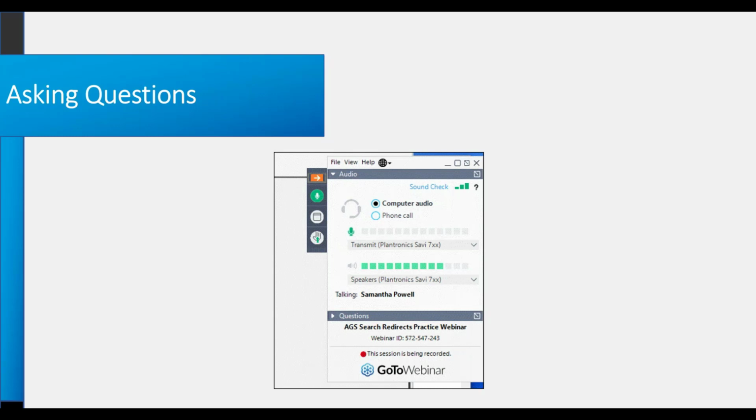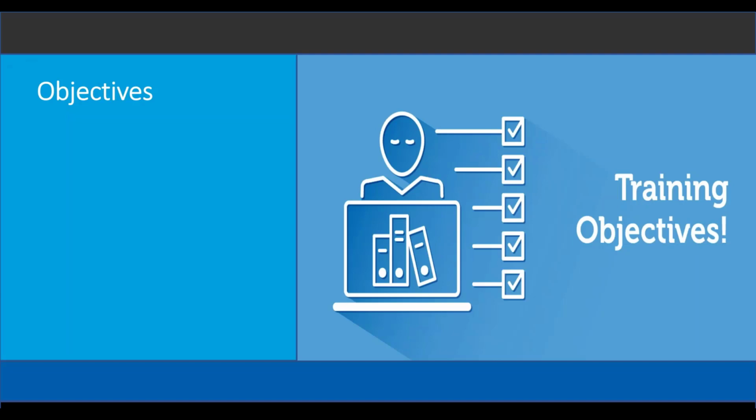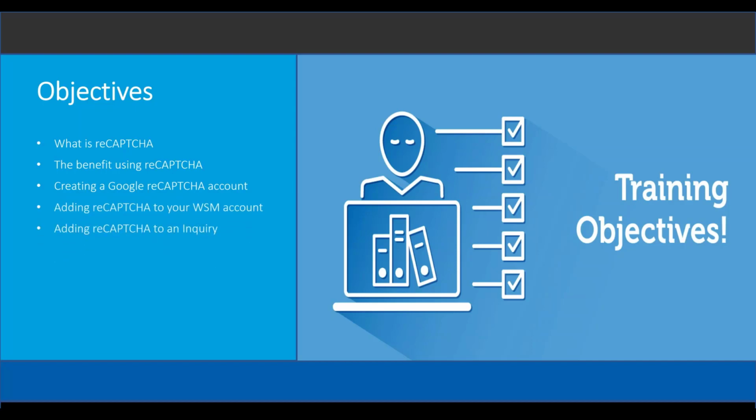All right. So what we're going to go over, our objectives, is what exactly reCAPTCHA is. Then we're going to talk about the benefit of using reCAPTCHA. After that, we'll go into creating a Google reCAPTCHA account, adding it to your WSM account, and finally how to add it to an inquiry form.